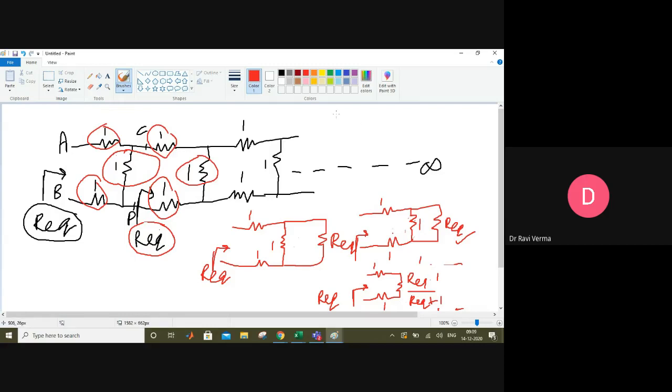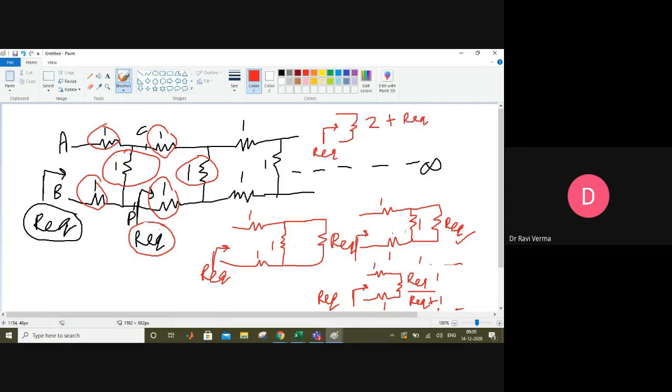So I am moving up here. This will be looking like 1 plus 1 plus something in series. So 1 plus 1 is how much? 2. Okay. So this is R equivalent, and this value will be 2 plus R equivalent upon R equivalent plus 1. Any doubt from anyone?